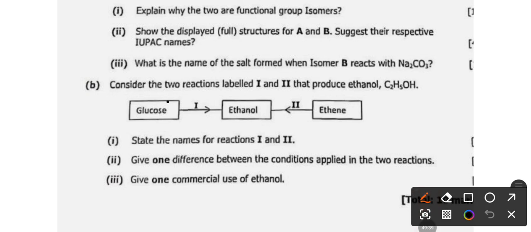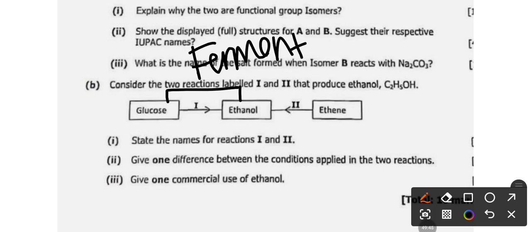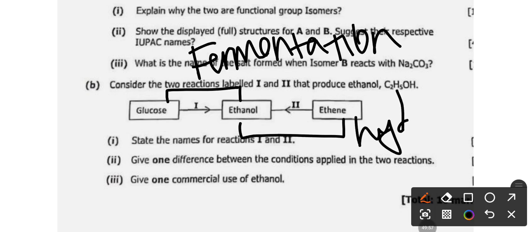Reaction 1, whereby glucose is converted to ethanol, is called fermentation. And reaction 2, whereby ethene is converted to ethanol, is called a hydration reaction. Question B2. Give one difference between the conditions applied in the two reactions.